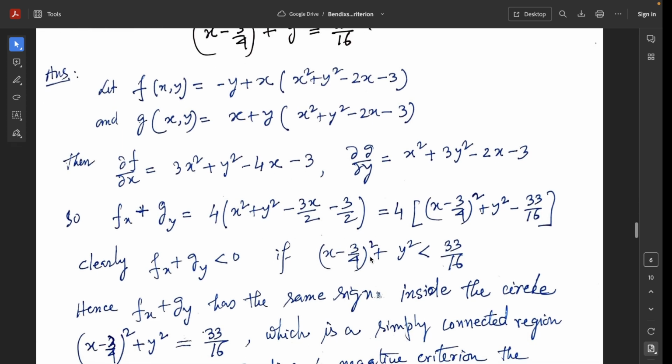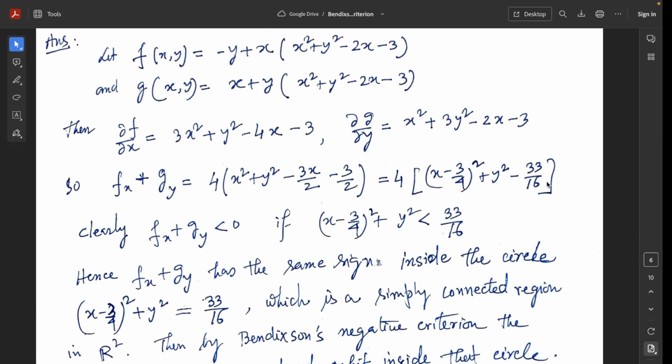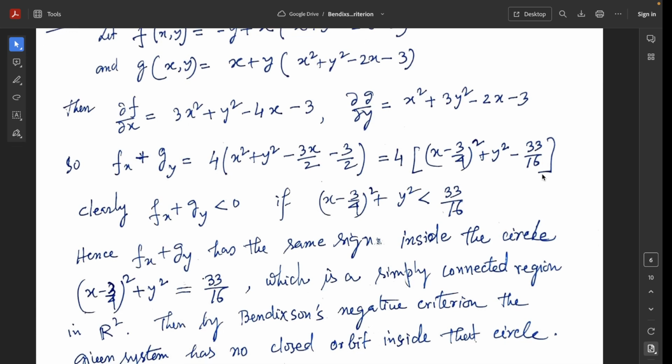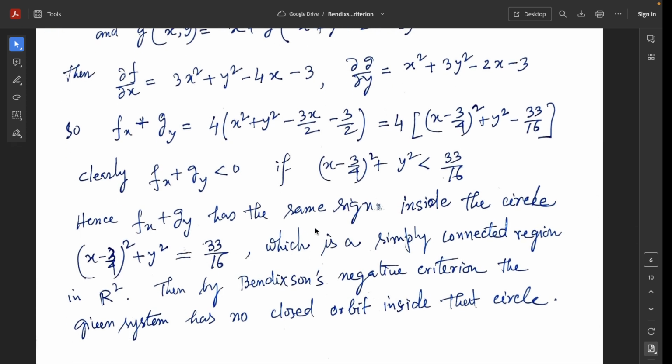After rearranging, this is 4 into bracket (x minus 3/4) whole square plus y square minus 33/16. Obviously, this quantity is negative when (x minus 3/4) whole square plus y square is less than 33/16. Hence, f_x plus g_y has the same sign, actually negative, inside the circular region.